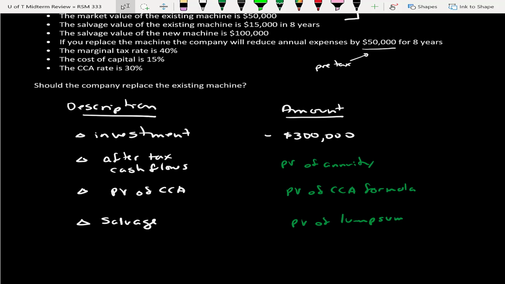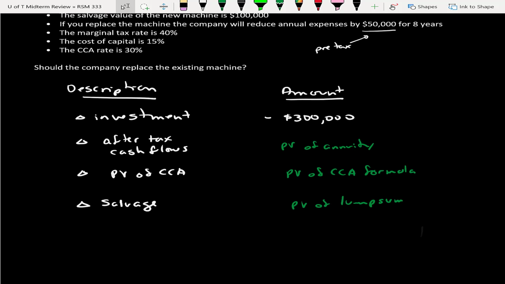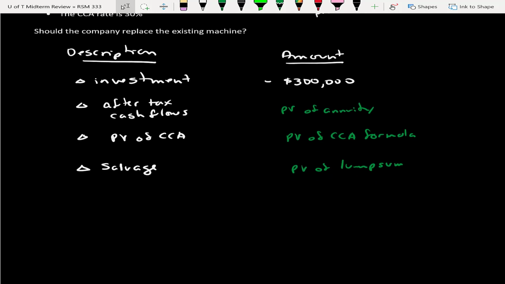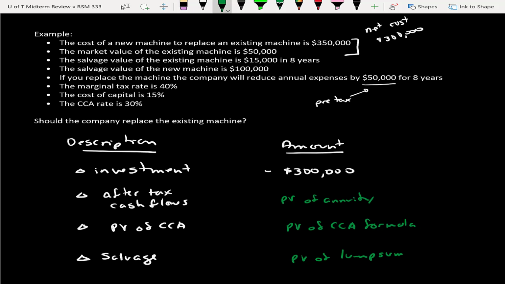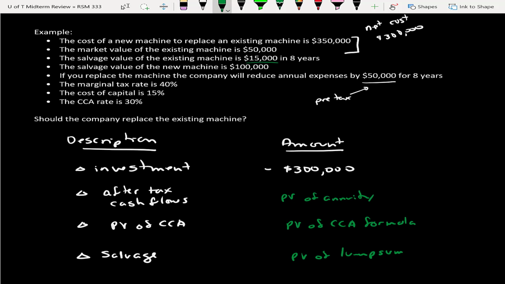So let's do the first one. Let's do the salvage value. Always start with the easiest. The present value of the salvage is going to be, first of all, what's the change in salvage value? If we buy the new machine, that's our default, we will get $100,000 in salvage value. However, that means we won't get the $15,000 that we had for the existing machine.